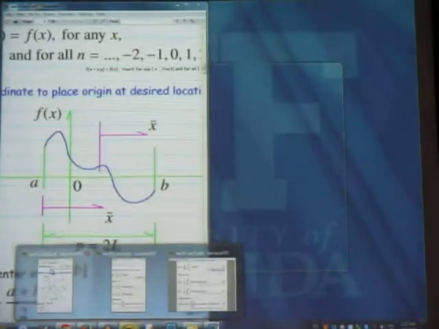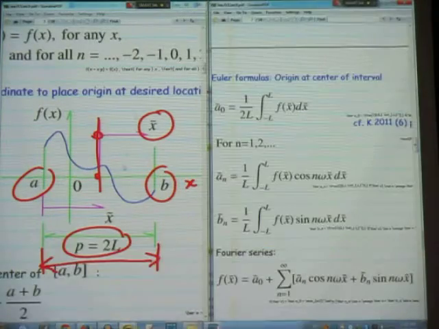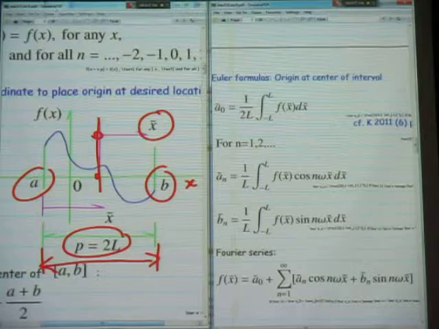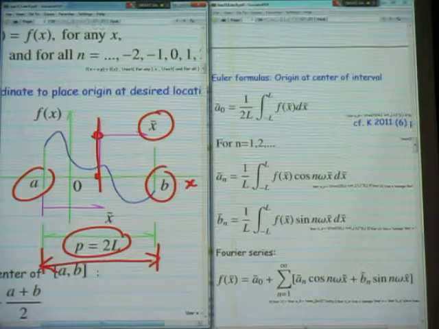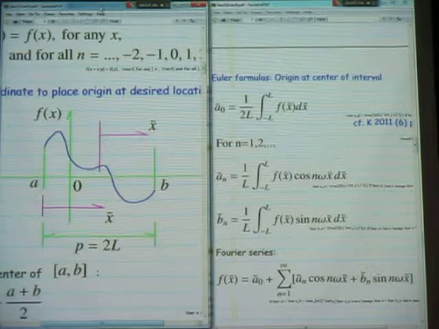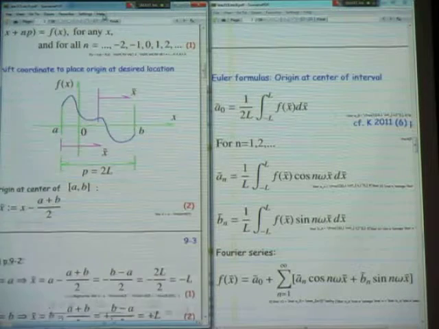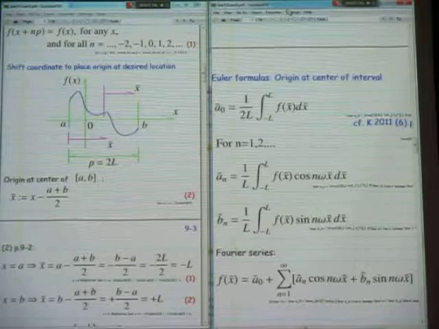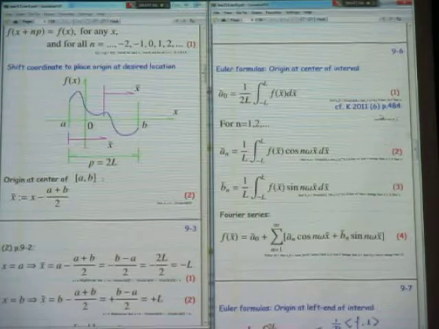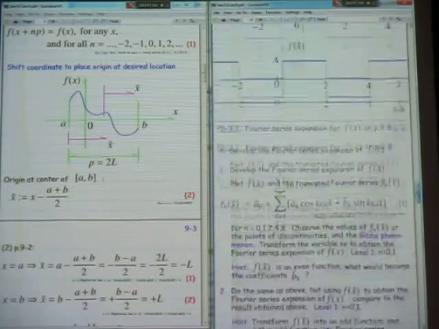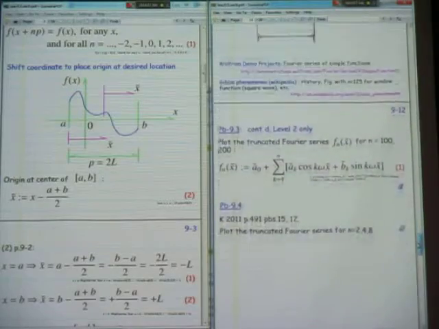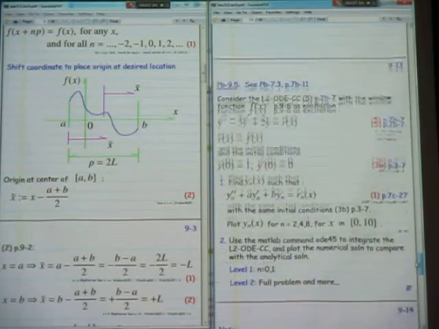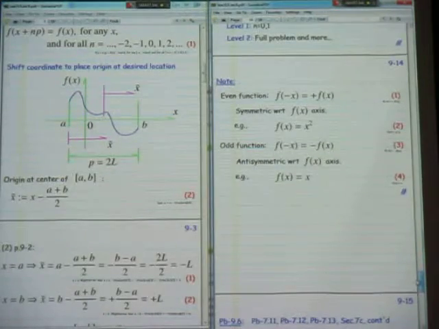Okay, so maybe let's do this. Let me go back to the small windows here, and then I'll ask for contributions. Let me go down to this. I believe right here.